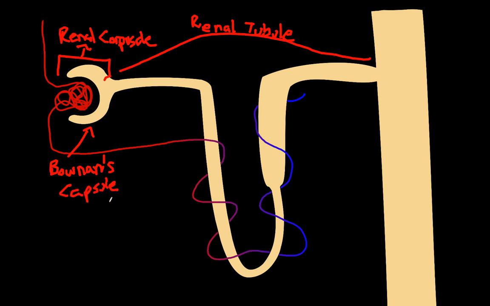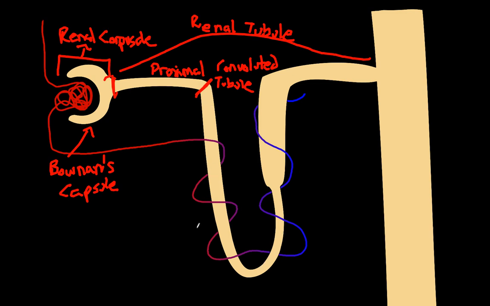And the tubular component is really divvied up into three different parts. This initial part here is what is known as the proximal convoluted tubule. After that, we have this thing that dips down and comes back up.